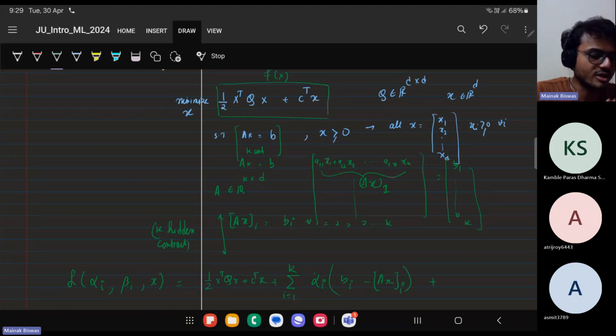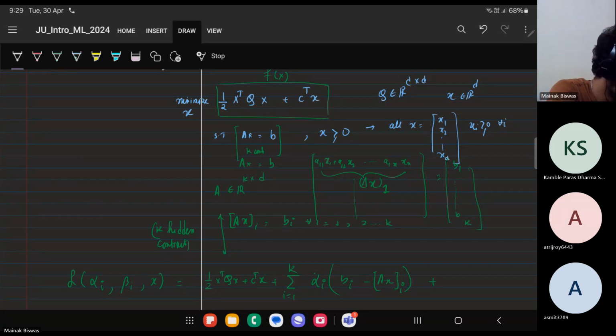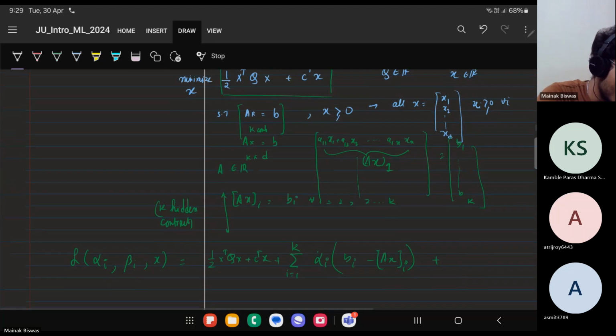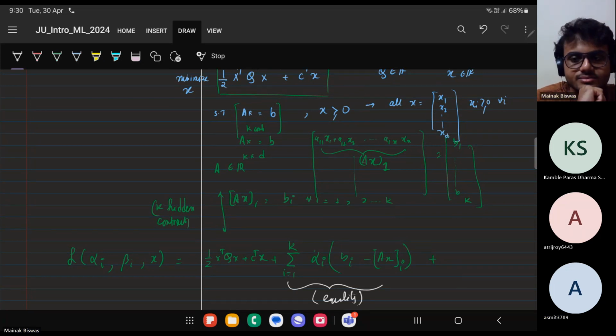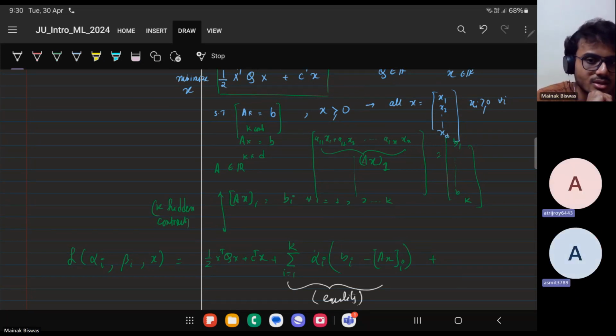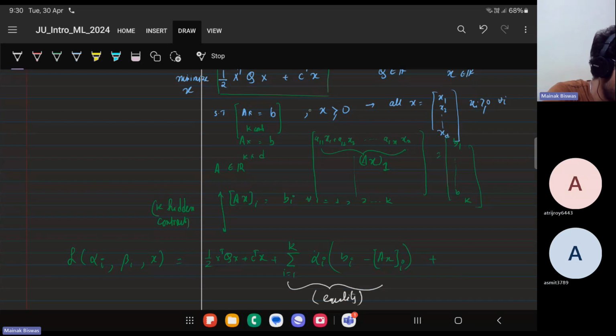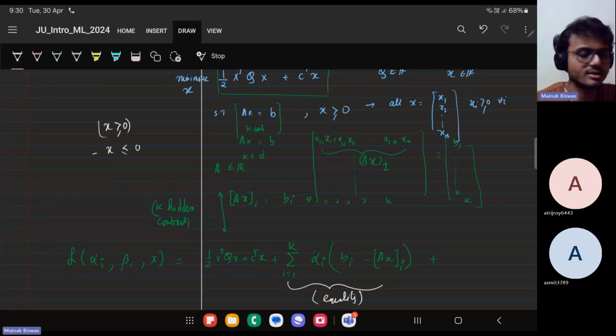Is there any other constraint? The equality constraints. Are there any inequality constraints, like X greater than or equal to 0? So minus X has to be less than or equal to 0, right?